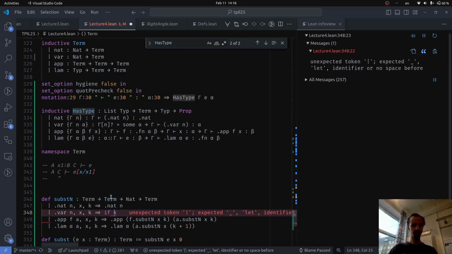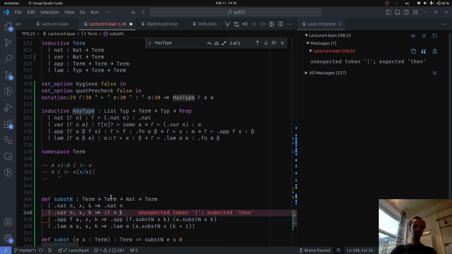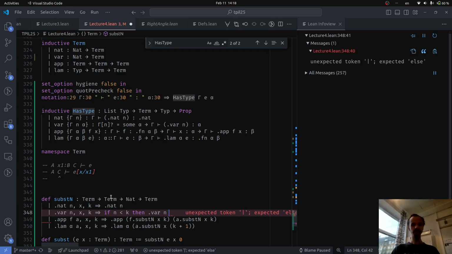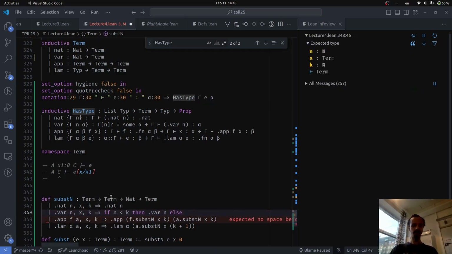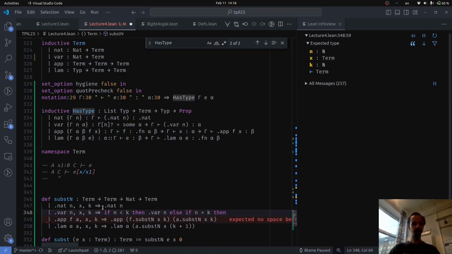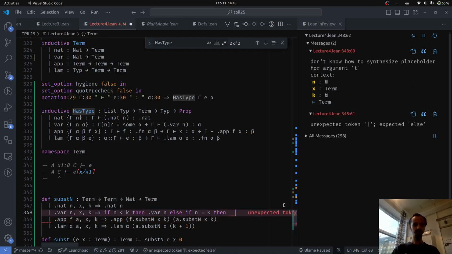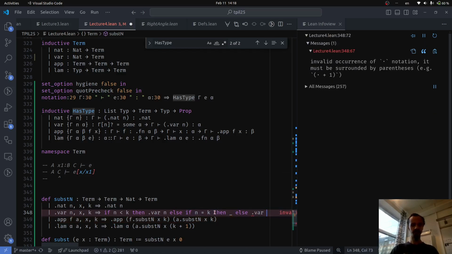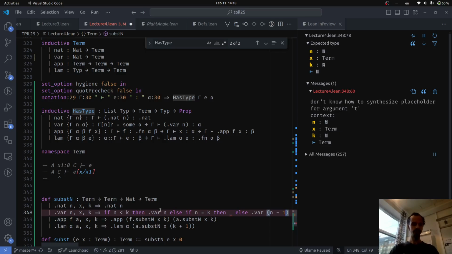So if n is less than k, then var n. If n is equal to k, then we do something interesting. And if it's greater, then it's var n minus 1. Okay?